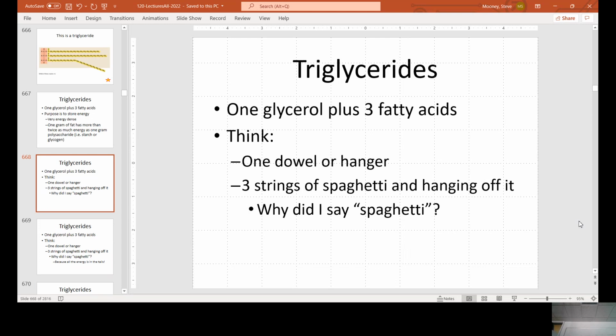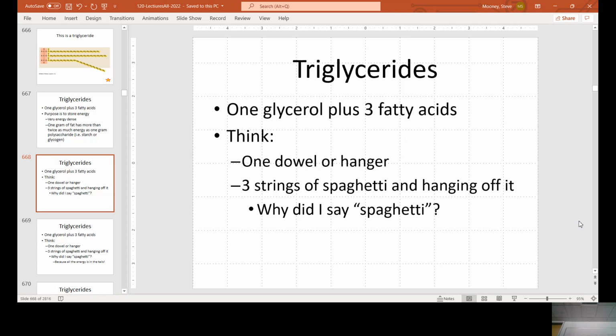So we can think about the structure, at least I do. The glycerol molecule is like a dowel or a hanger. And then we have 3 strings of spaghetti hanging off it. Why do I say spaghetti? Energy.